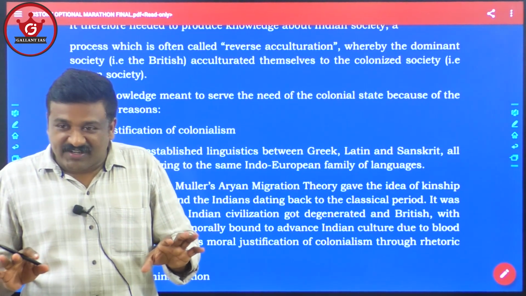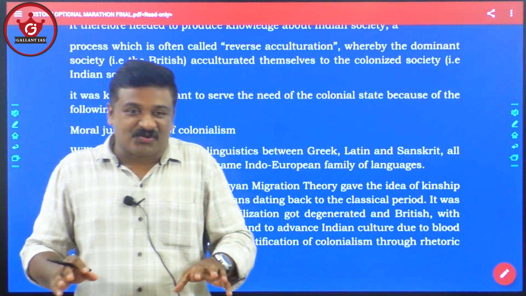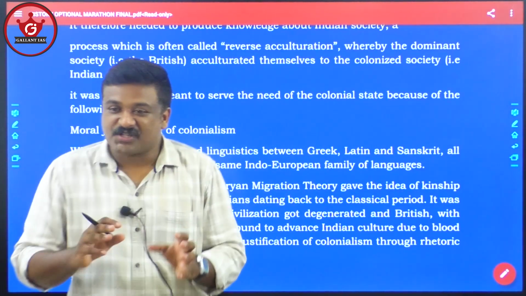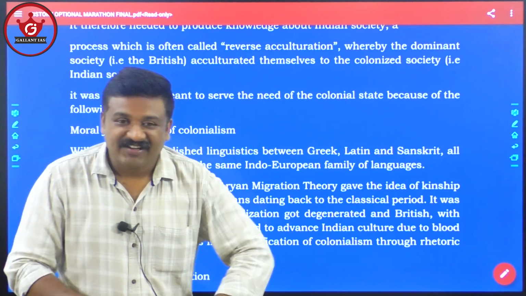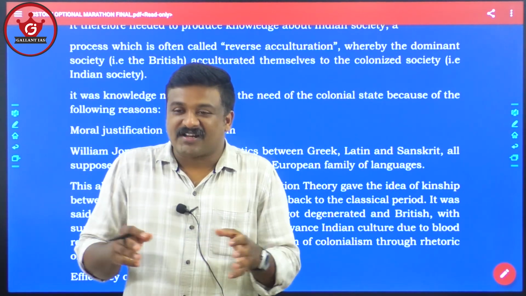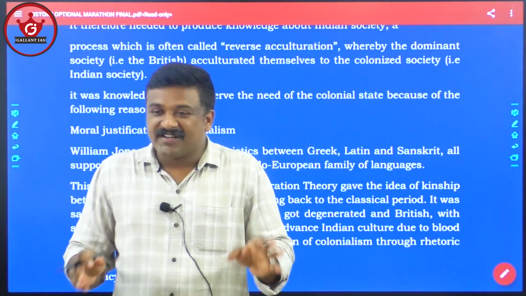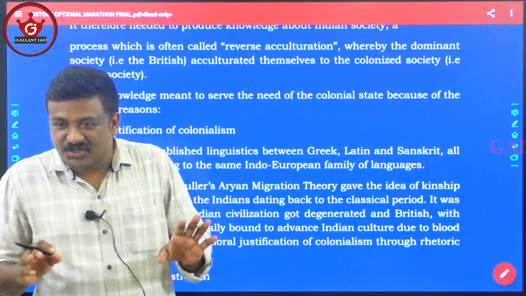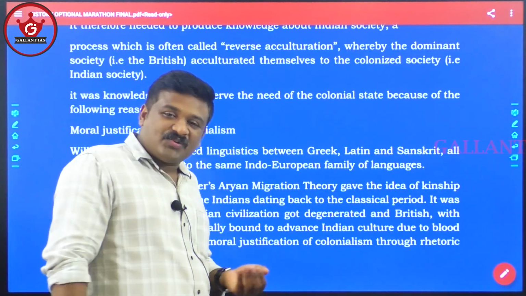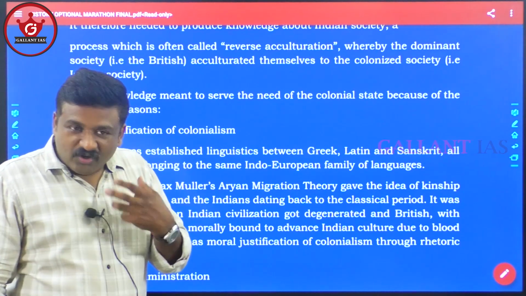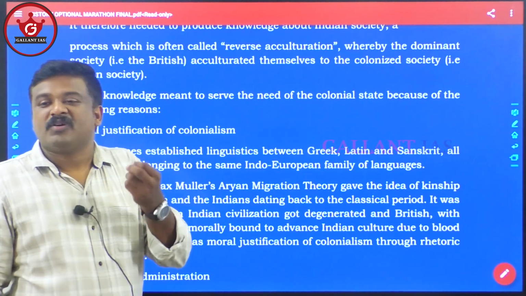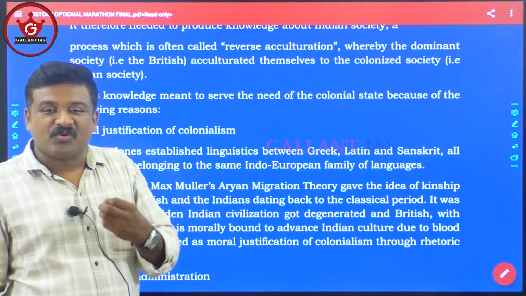Understanding Indian languages, culture, customary laws, religious institutions was essential for better control over Indian resources and Indian states. That was the real intention. So Orientalism was a product to satisfy the needs of colonial rule.